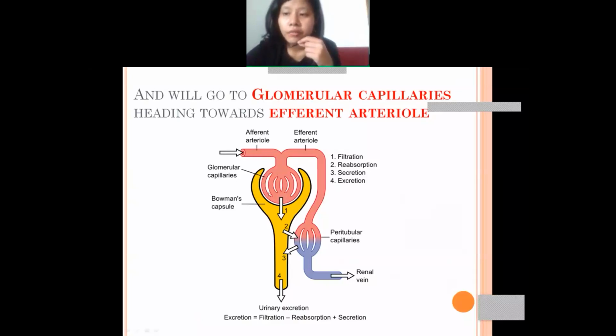After the glomerular capillaries, the blood will flow towards the efferent arteriole. And after the efferent arteriole, the blood will flow towards the peritubular capillaries.